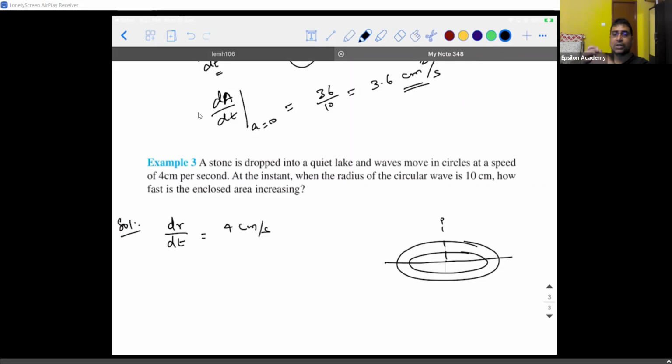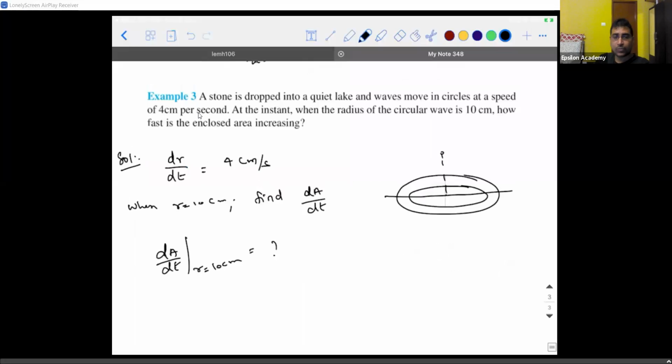Means the speed at which the radius is increasing is 4 centimeter per second. At the instant when r is equal to 10 centimeter, find dA by dt. So you need to find dA by dt at r is equal to 10 centimeter.